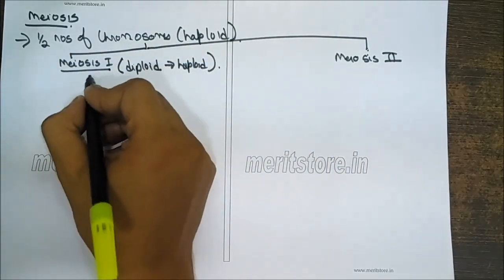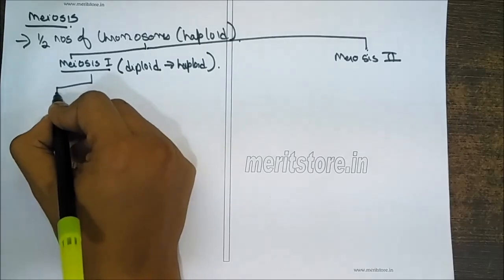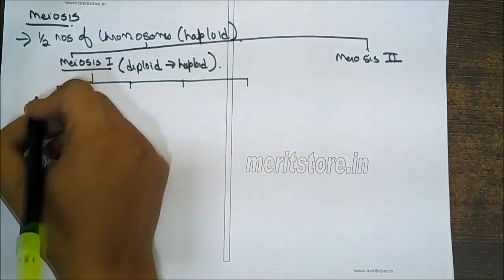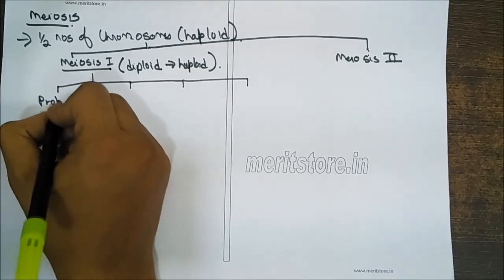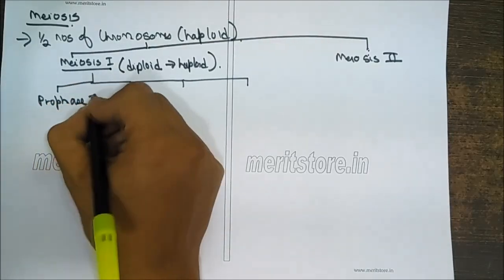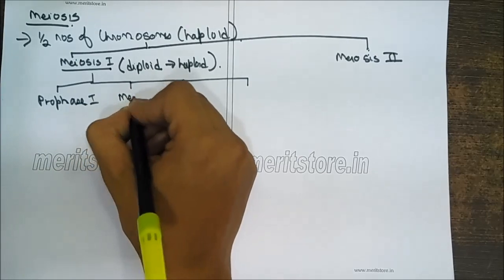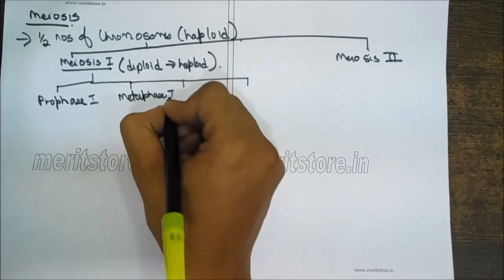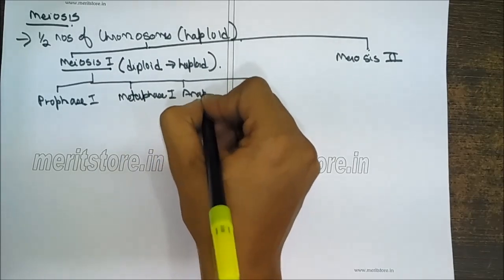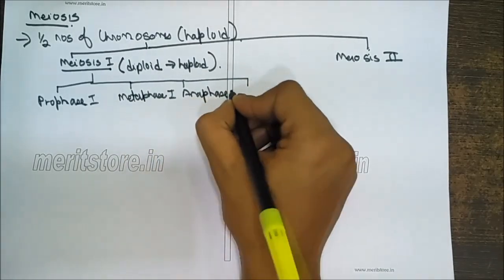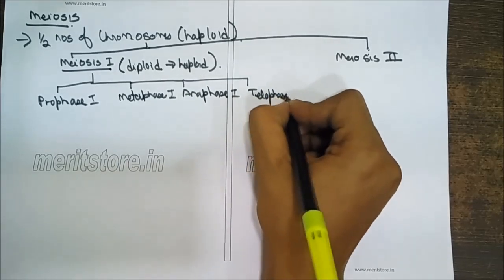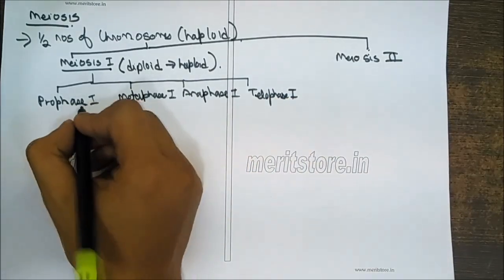Now this meiosis 1 is further subdivided into 4 phases. The first one is prophase 1, then metaphase 1, then anaphase 1, and then telophase 1.